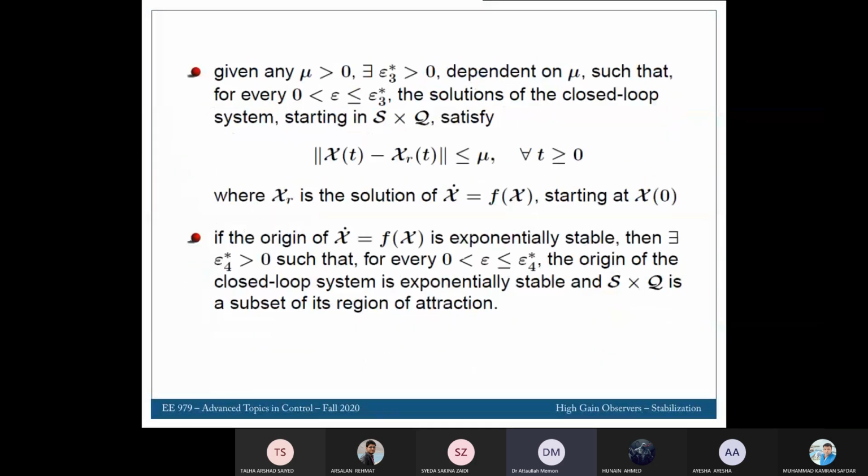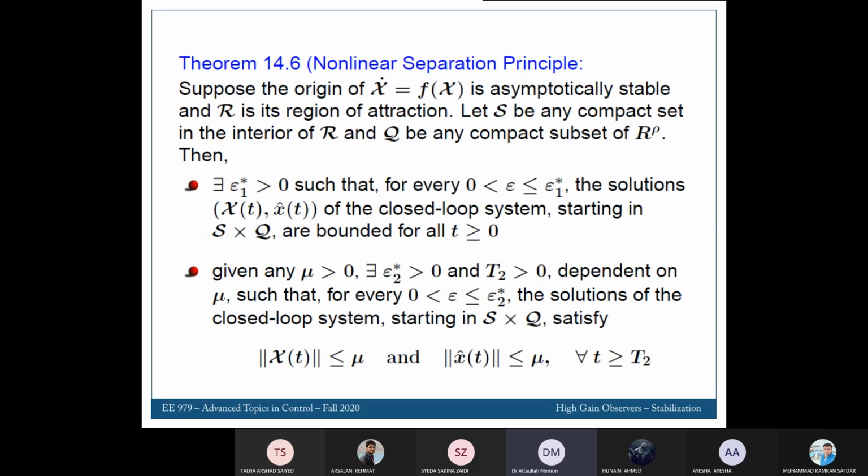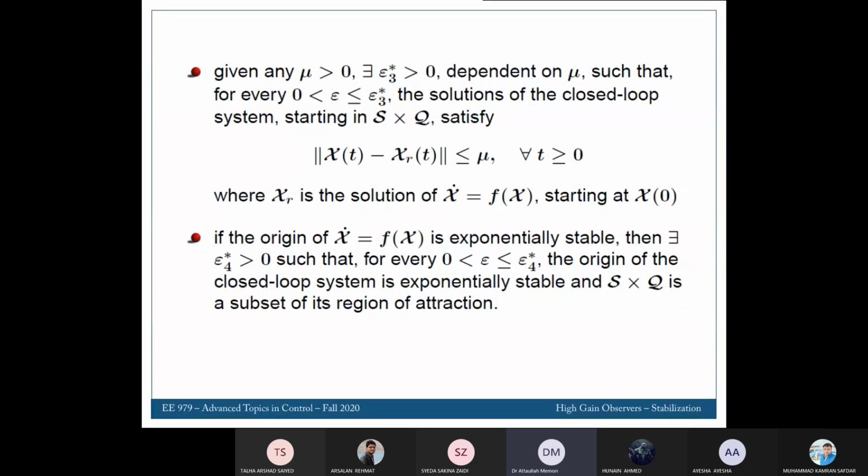So all these results are showing that the Huygens observer is going to ensure that if you have a system and you have designed a nice state feedback controller for it, which gives you the desired boundedness properties, then the Huygens observer is going to preserve them in true letter and spirit, if you choose the epsilon the right way. So that's what it is saying.